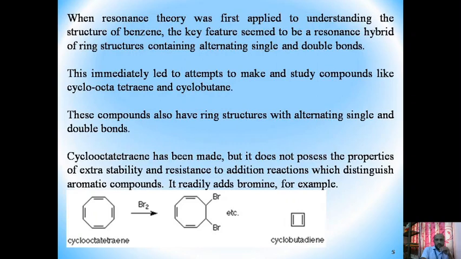Then another example, cyclobutadiene. Both compounds have double bonds, and such compounds may or may not be aromatic depending on whether they satisfy the Huckel rule.